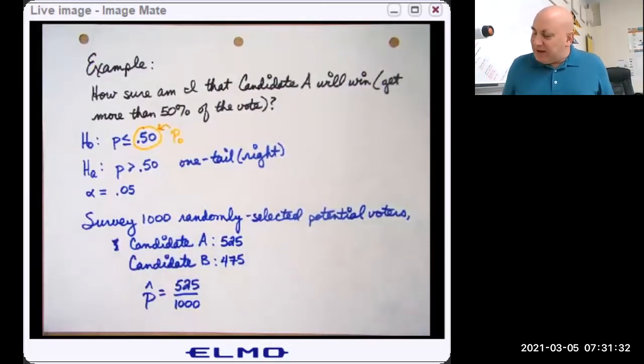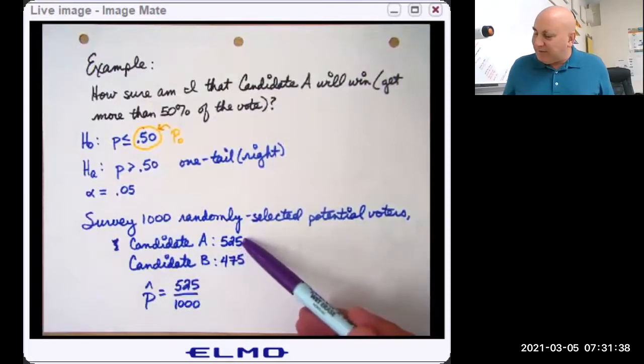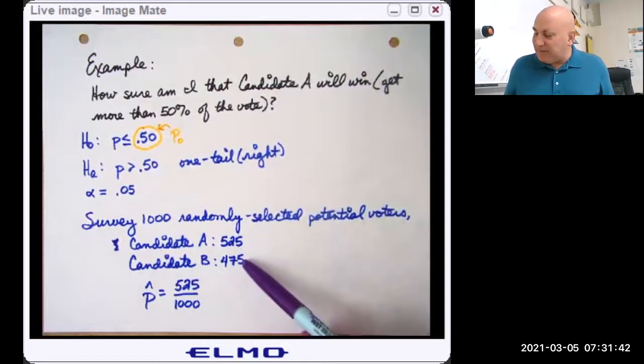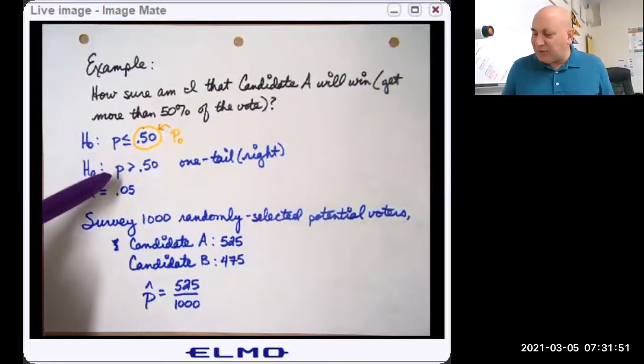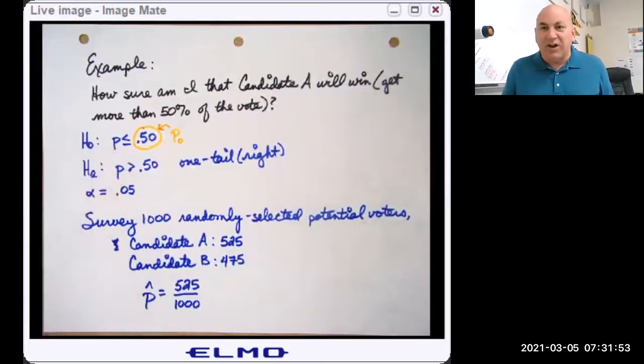I'm going to survey 1,000 randomly selected voters, and I get that candidate A had 525 yeses out of those 1,000. Candidate B had 475. Is that enough, given sampling variation, to conclude that candidate A is over 50% or not? So my p hat is 52.5%. It's 525 out of 1,000.